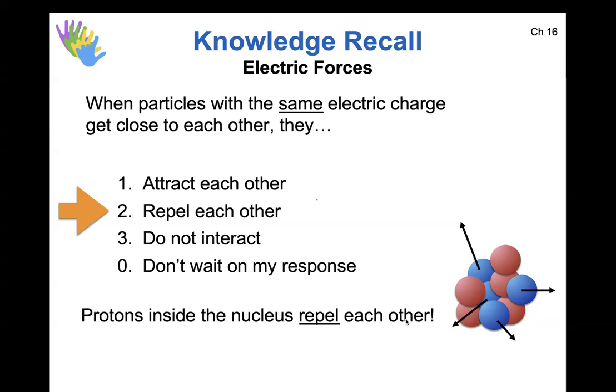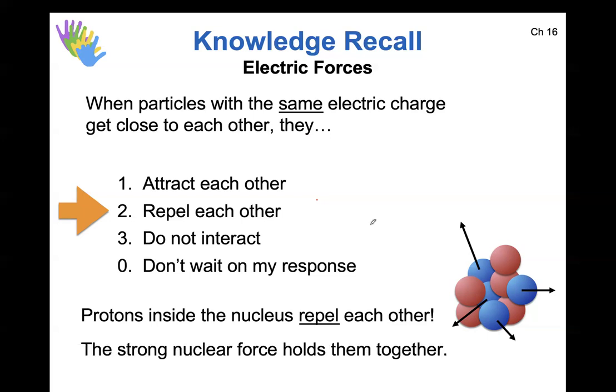But the nucleus is literally like a packed together clump of protons with neutrons, which don't do anything. So there's nothing to balance this repulsion. How is it that all these protons are able to get packed together so tightly and not just tear apart the nucleus? What holds the nucleus together?